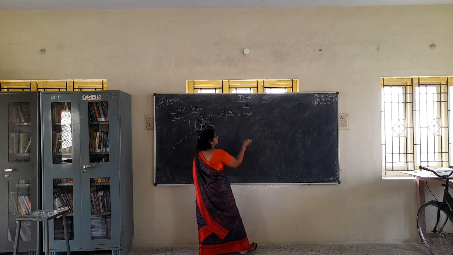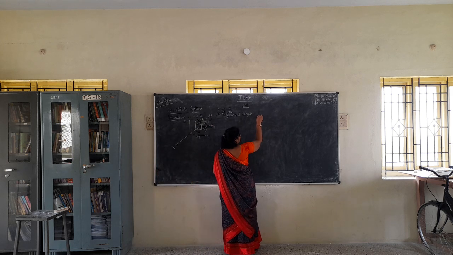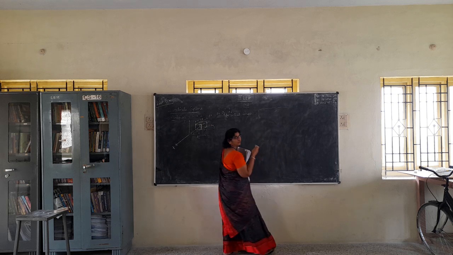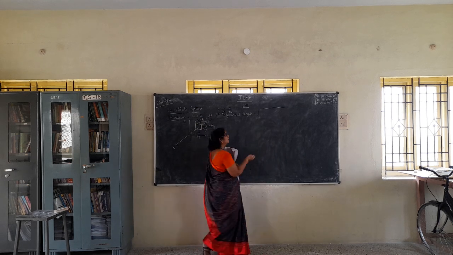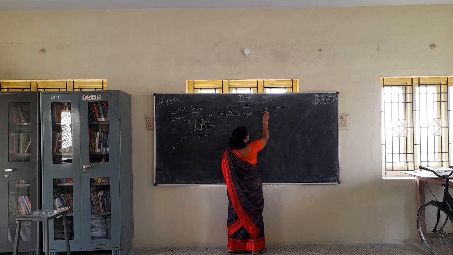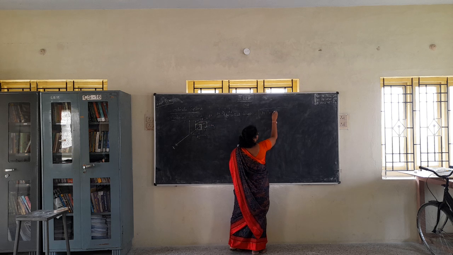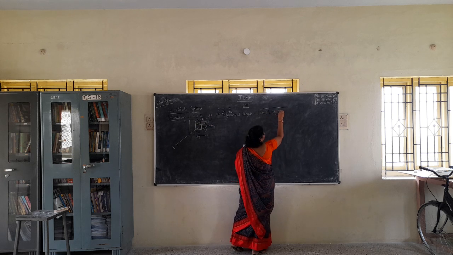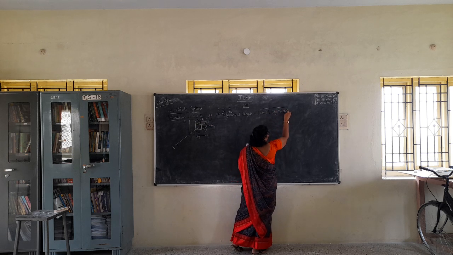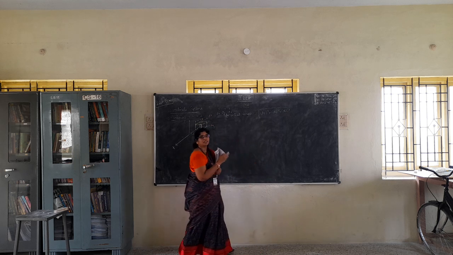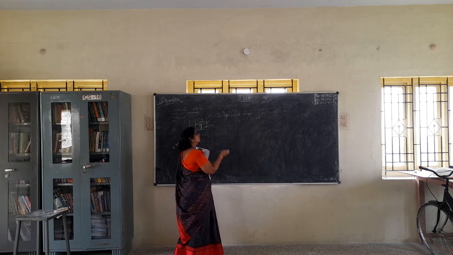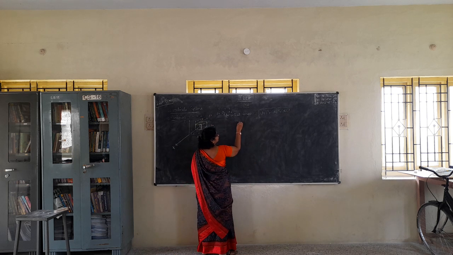So differential length can be written in terms of magnitude. For magnitude, what should we do? We have to take the square root of dx the whole square plus dy the whole square plus dz the whole square. This is the length.